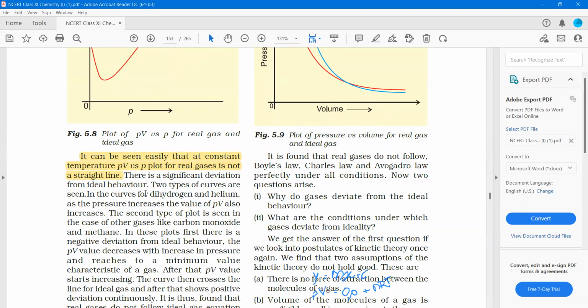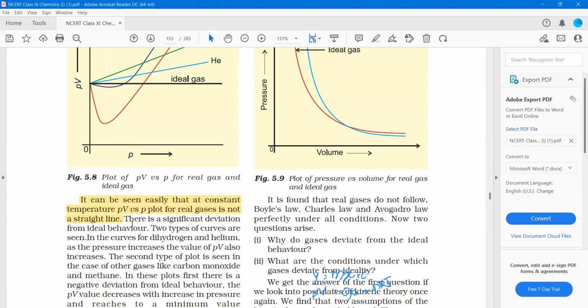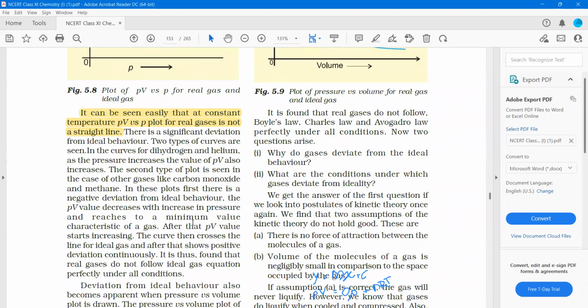As the pressure increases, the value of PV also increases and it is linear. But in the second type of plot, for carbon monoxide and methane, at the initial, lower pressure values, PV first decreases, but at higher pressure PV increases. So first there is a dip and then a rise.